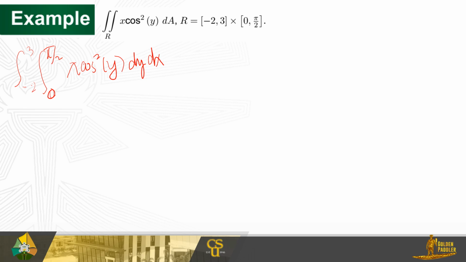First, mag-integrate tayo with respect to y. Yung x dito is constant lang. So, first integrate muna natin itong cosine square y. Paano nga ba ito i-integrate? Gagamit tayo ng trigonometric techniques, integration techniques for trigonometric functions.